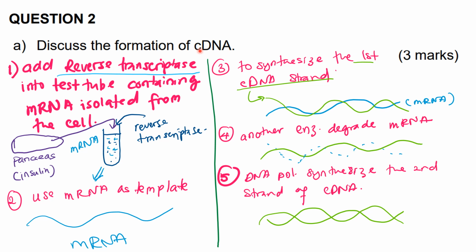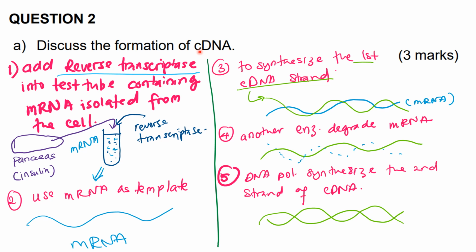The purpose of synthesizing cDNA is to produce a DNA molecule that has a continuous coding region, and this cDNA you can later insert into a plasmid to produce recombinant plasmid. Because the cDNA molecule is double-stranded, it can be inserted into a plasmid that is also a double-stranded DNA molecule.